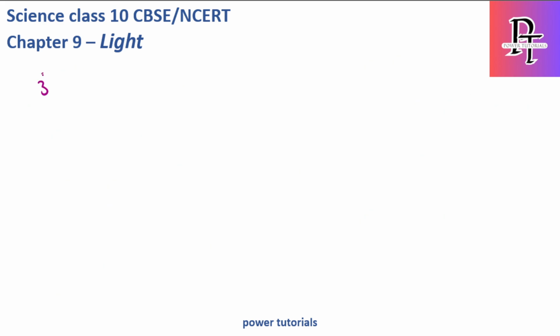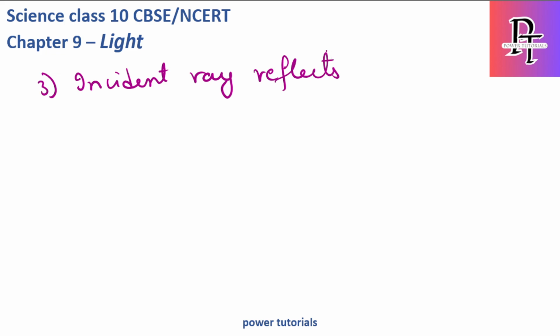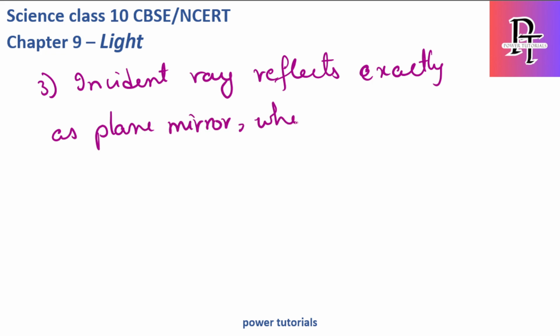Okay, and the third point: the incident ray reflects exactly as a plane mirror when hitting the pole.